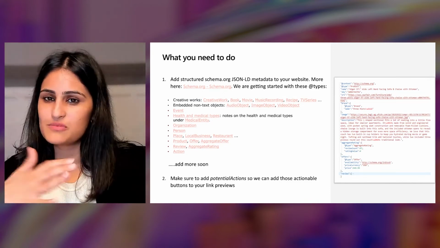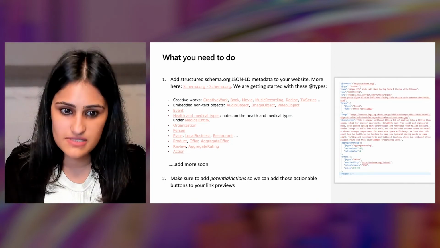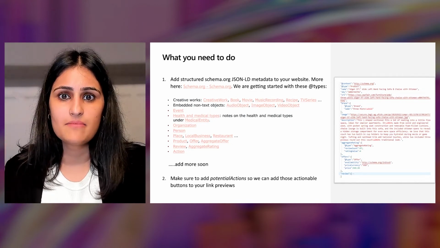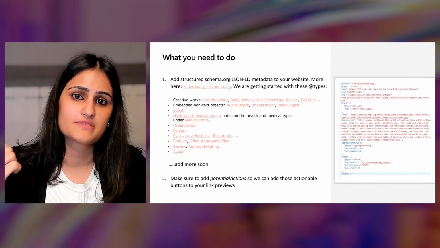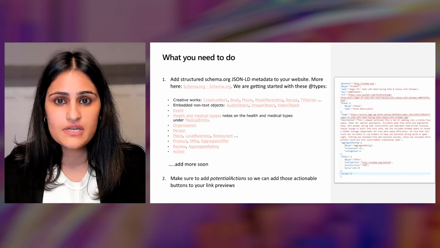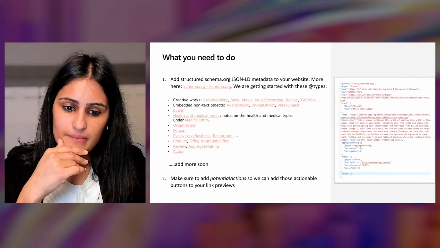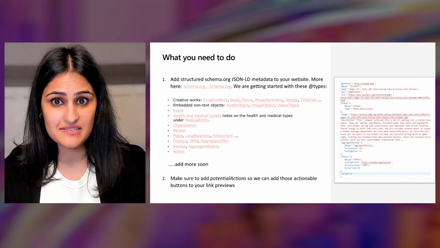So creative works, which is any kind of articles, movies, recipes, etc. Any kind of articles broadly. And then embedded content that's not text, for example, Spotify audio, YouTube videos, etc. Events like an Eventbrite link, and then a bunch of other medical related stuff, and of course places, restaurants.